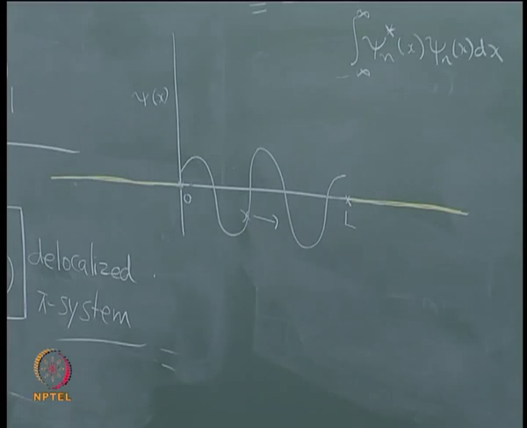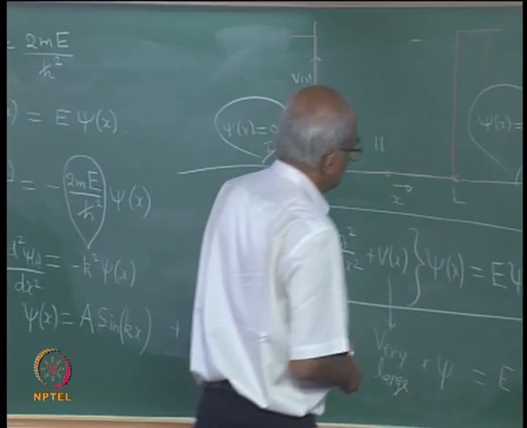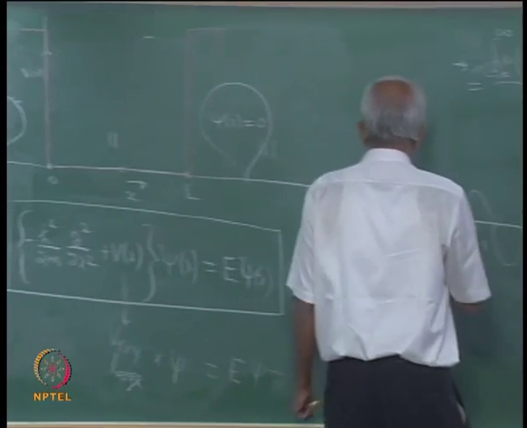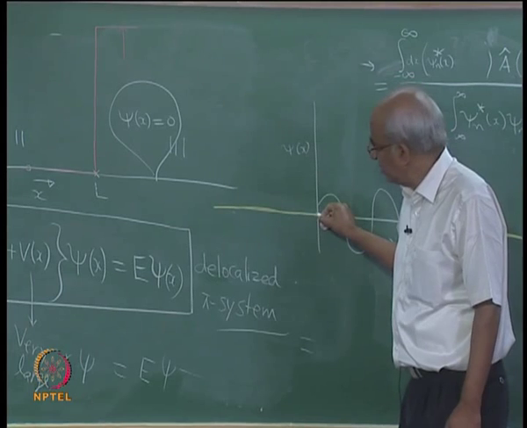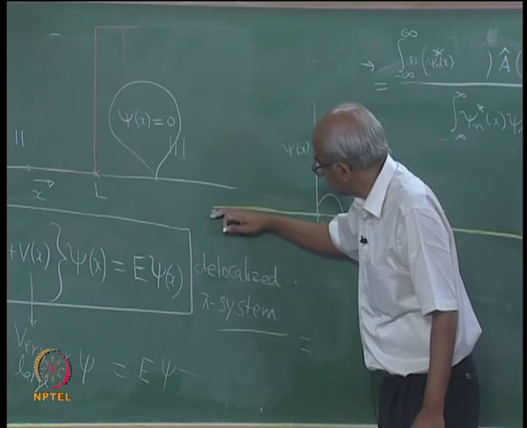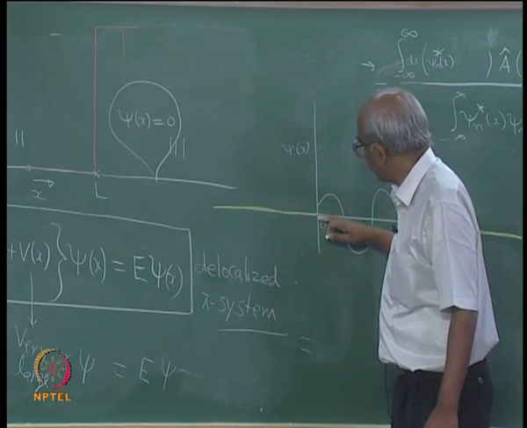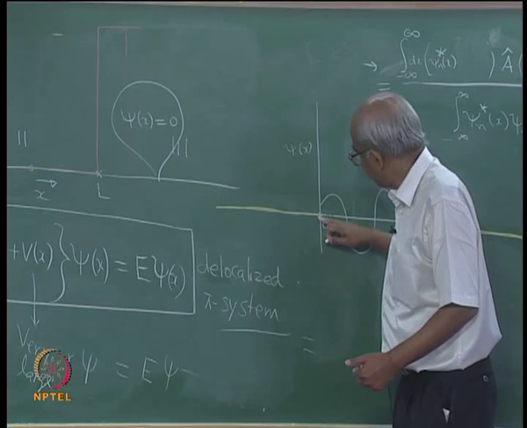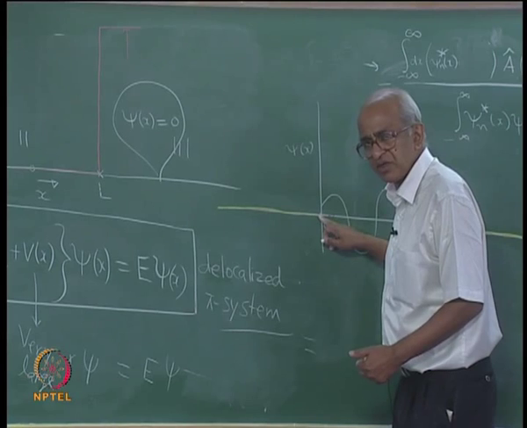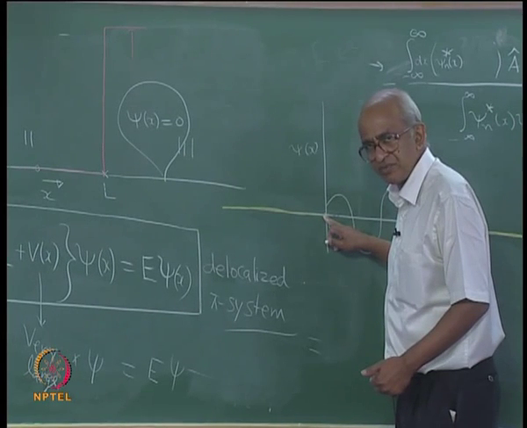But then when you look at this, you would feel a little bit unhappy. Why? Because if you look at this function, you look at the point x equal to 0. At this point, if you are approaching from the left hand side, what will happen? The wave function is always 0, and even very close to this point, the wave function is equal to 0.